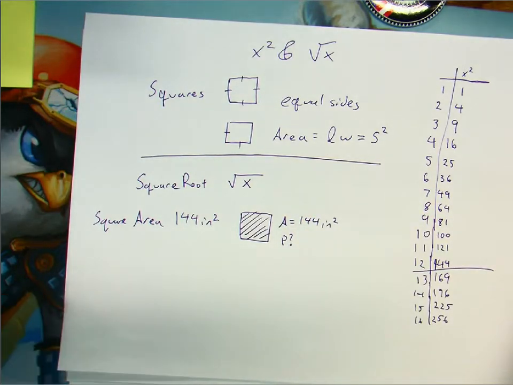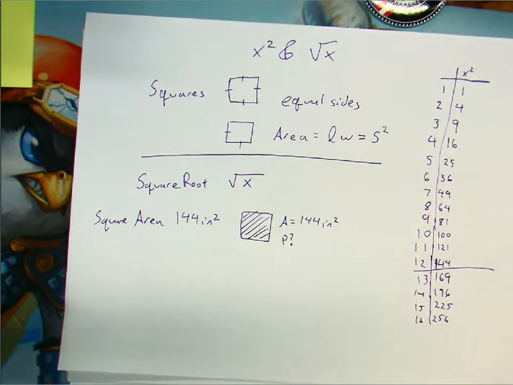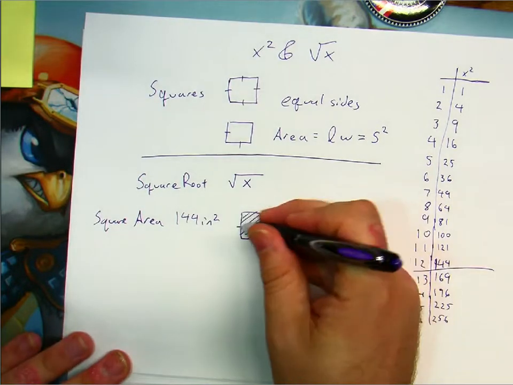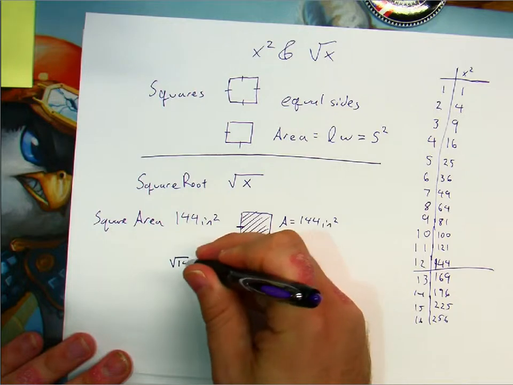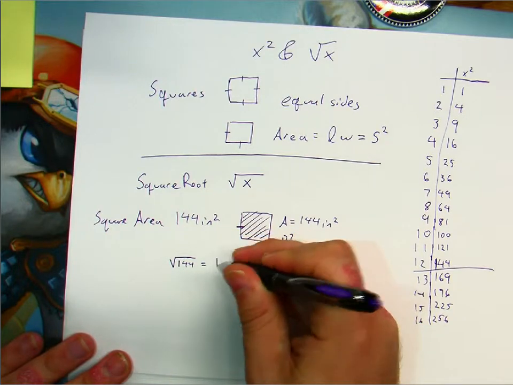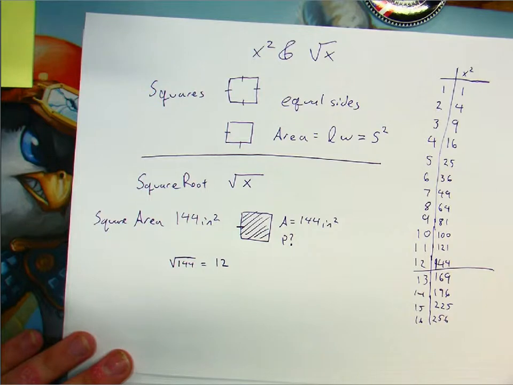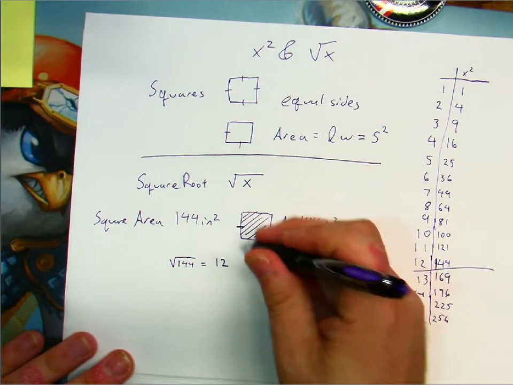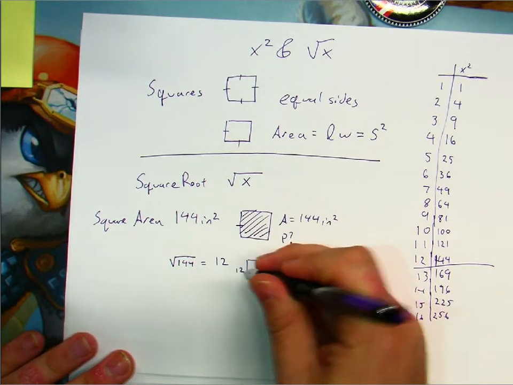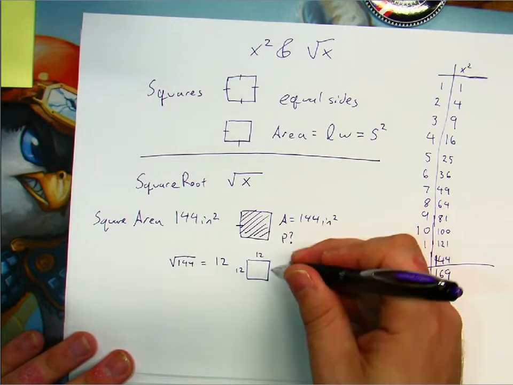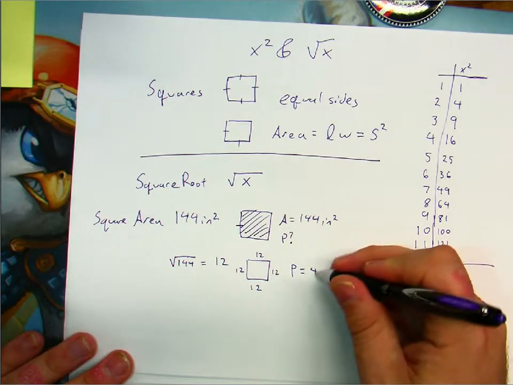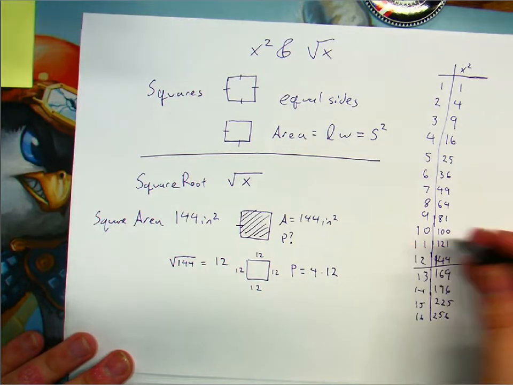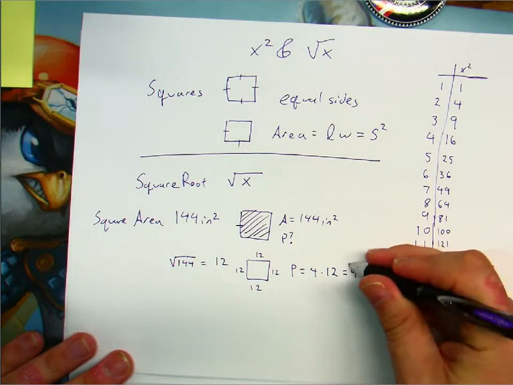So if the area is 144 inches squared, we need to find the length of one of the sides. And we're going to do that by square rooting 144. And sure enough, we know that to be 12. So if one of these sides is 12, we know all the sides are 12 because it's a square. And thus the perimeter is going to be 4 times 12, or 48. So that's how we would do that problem.